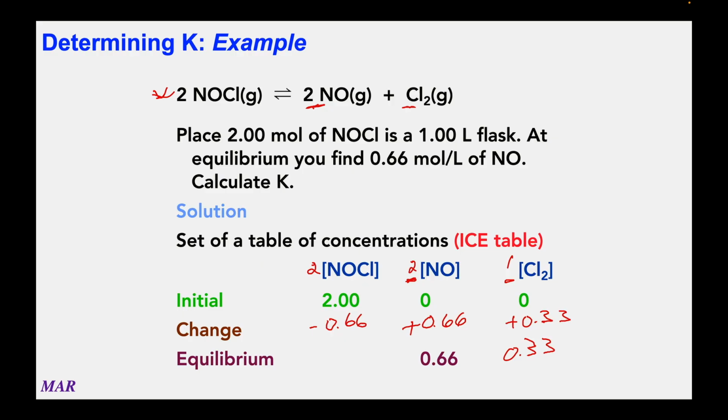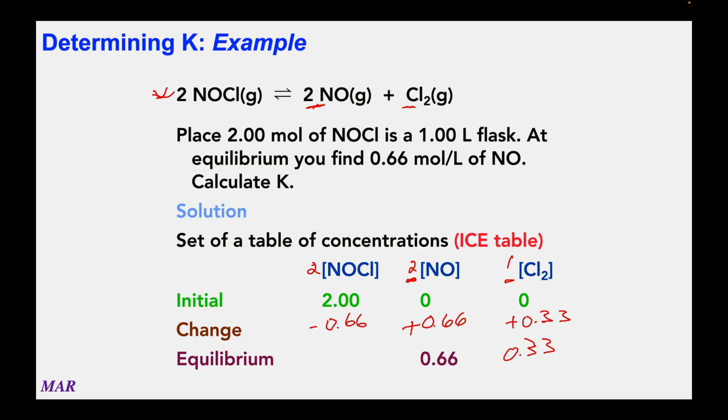It's 0.66, 0.66, 0.33, but same idea. The other thing is that notice how the reactant is decreasing. It's going to have a negative value because that's the part that has to be used up in order to make the NO and the Cl2. So that's kind of cool too.